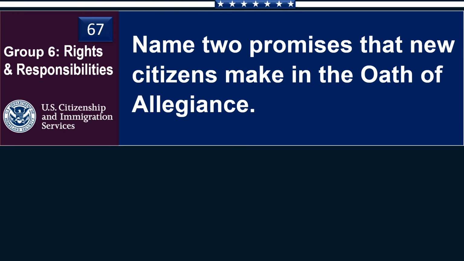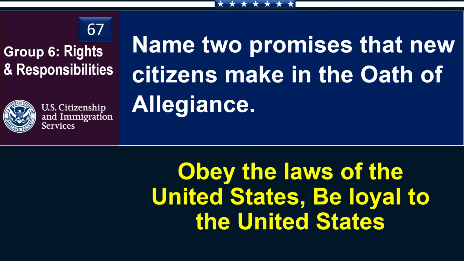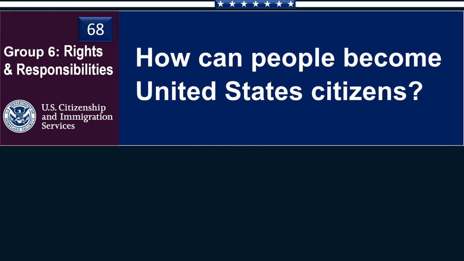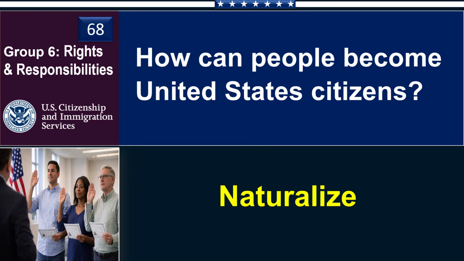Name 2 promises that new citizens make in the Oath of Allegiance. Obey the laws of the United States. Be loyal to the United States. How can people become United States citizens? Naturalize.